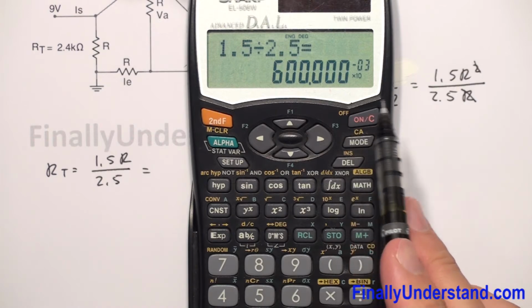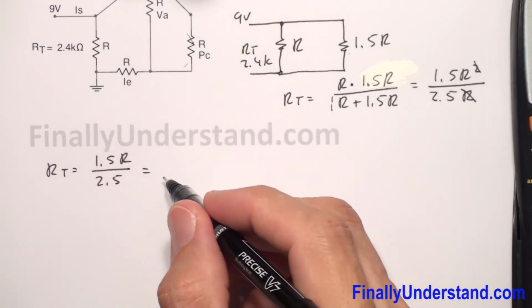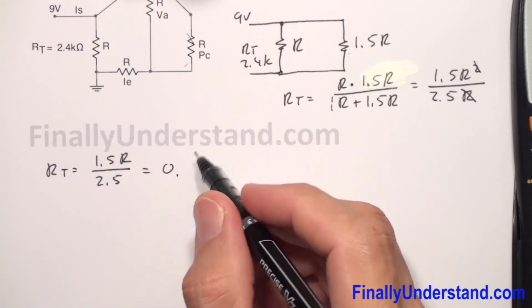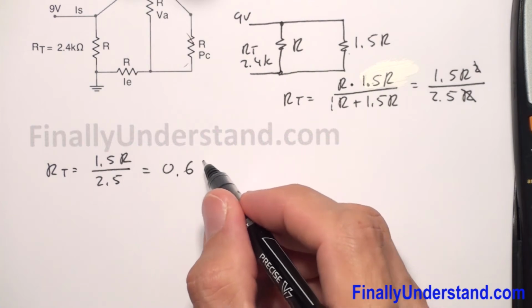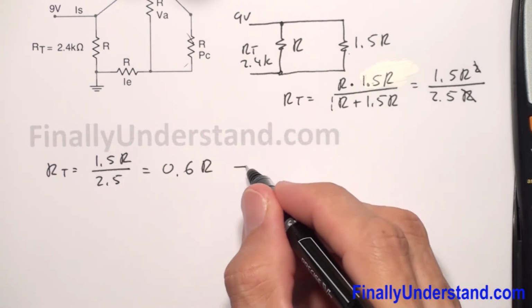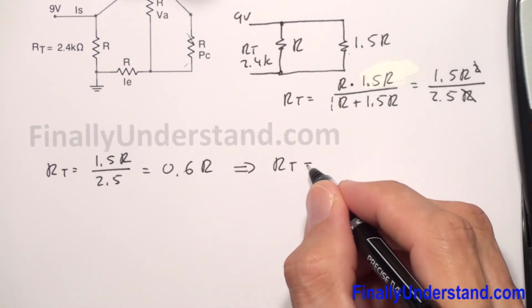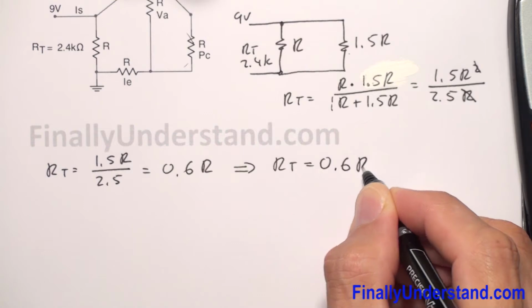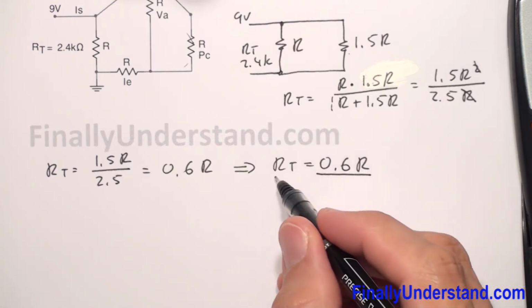We can say this is 0.6. So this is 0.6 R. Okay, so we have something like this. R total is equal 0.6 R. In order to find R, I have to divide both sides of my equation by 0.6.